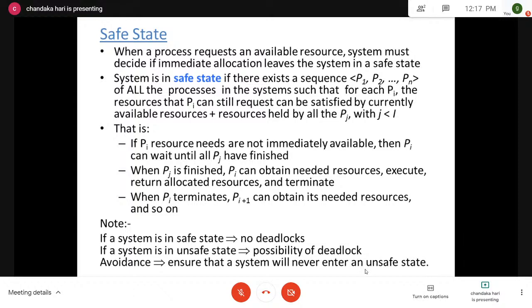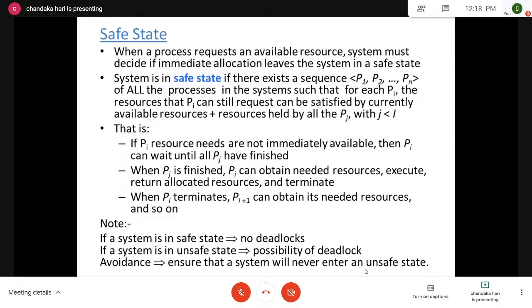That implies after completion of Pi plus 1, Pi plus 2 can continue by using the released resources. That implies the currently available resources must satisfy any one of the waiting processes. Otherwise, there is no safe sequence. If you execute in a safe sequence manner, the system will never enter deadlock.